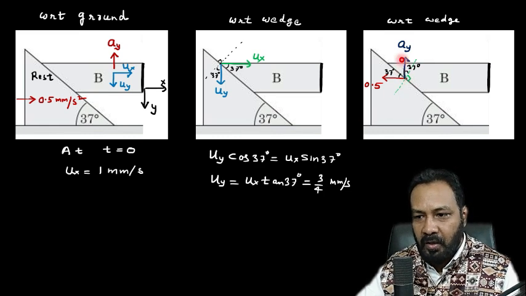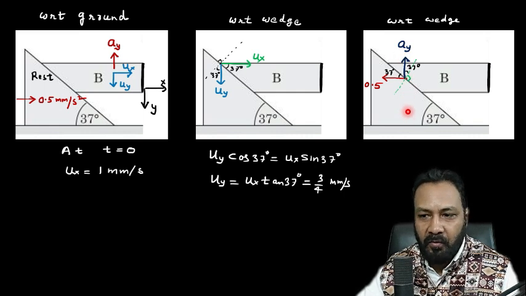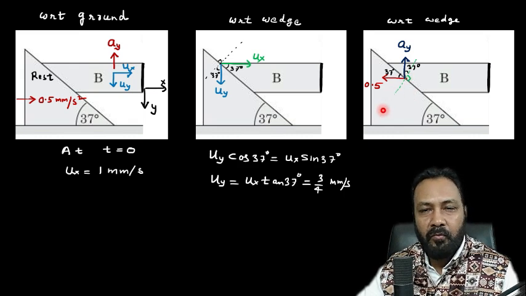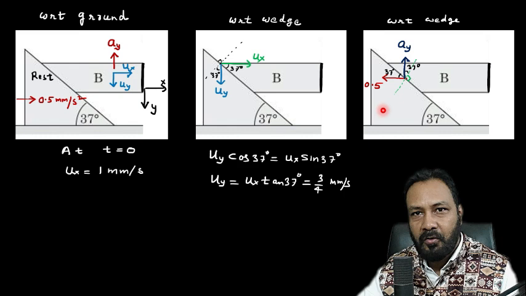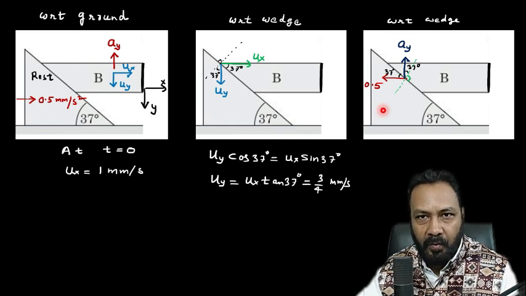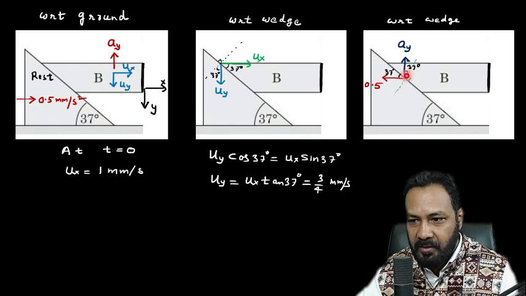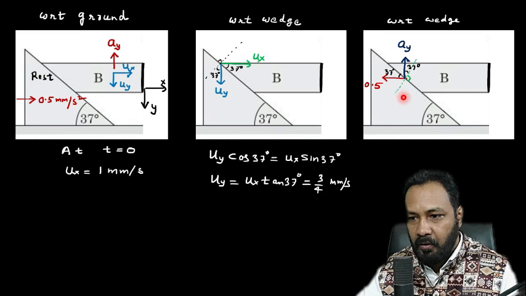Suppose if AY I had chosen this direction, there would be both AY and 0.5 having a component along the normal, so the normal component will not cancel. But what is required is that there should not be any relative motion along the common normal, hence AY should be like that.